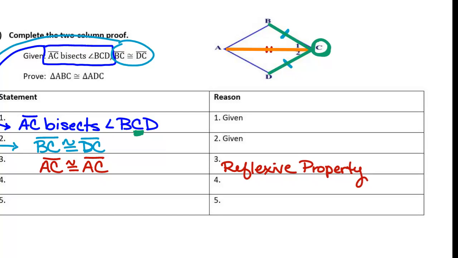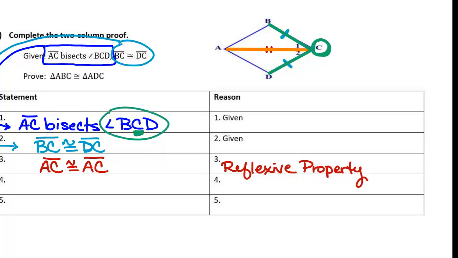And when I cut something in half, I end up with 2 parts that are exactly the same. What kind of an object is being cut in half? What is being bisected? What did it say is being bisected? Angle BCD. So I'm cutting an angle in half.